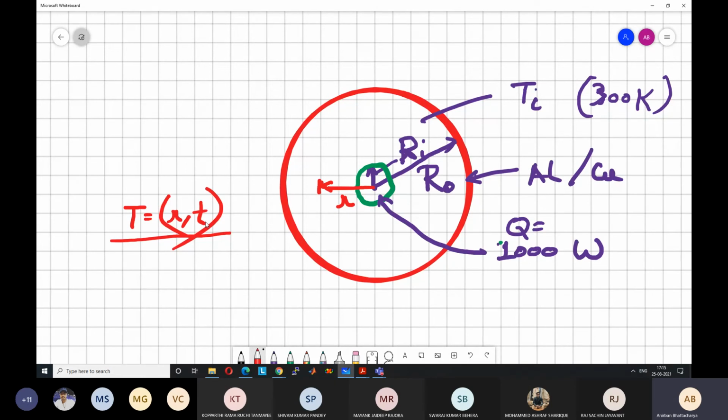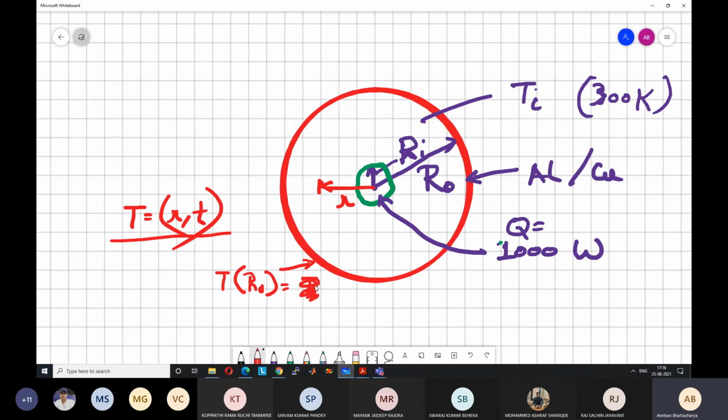So now what is the change in temperature of this tawa from the center to the end with time? You have to take a boundary condition at this end. Nobody has asked this. So you have to take a boundary condition. T at Ro is equal to, you take some boundary condition. That also you can take as room temperature Ti, but it will not be room temperature.